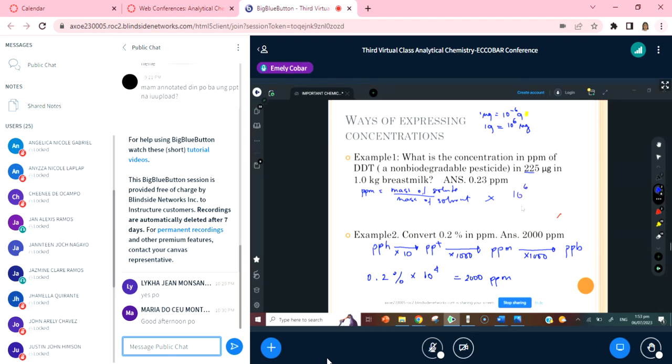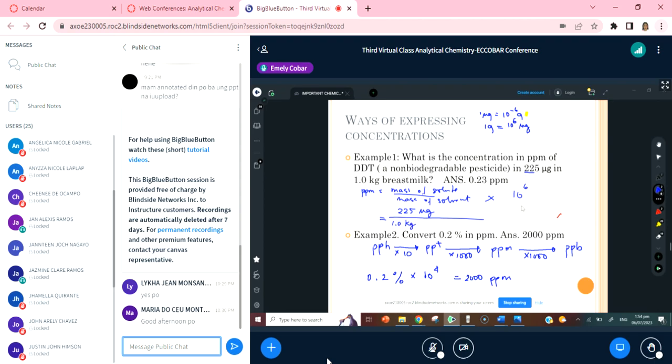Para parts per million. Ano yung mass of solute dito sa problem natin? Ano yung solute natin? Okay, yung pesticide. So there are 225 microgram daw. So lagay natin, mass of solute, 225 microgram. Ang mass of solvent natin is 1.0 kilogram.